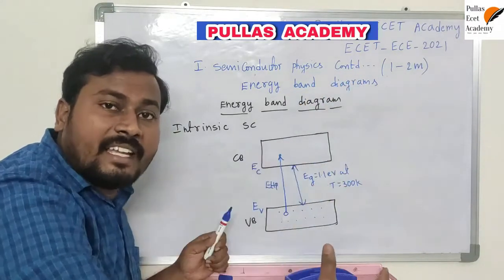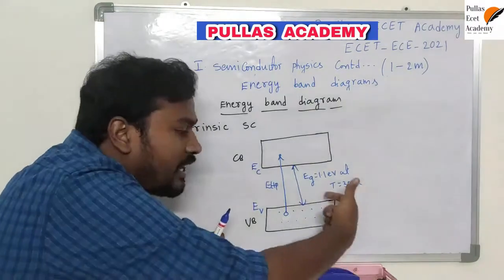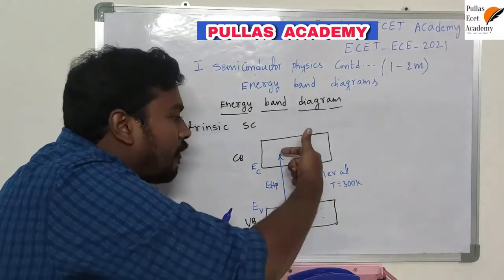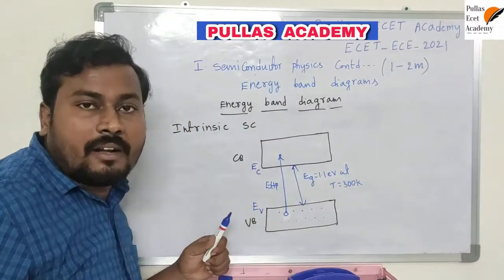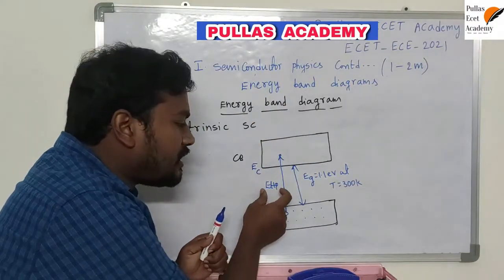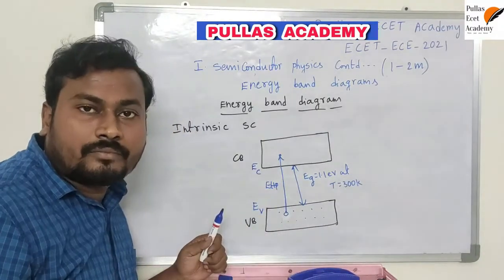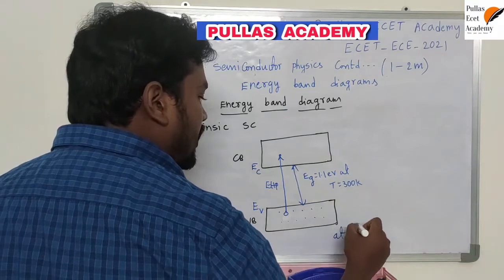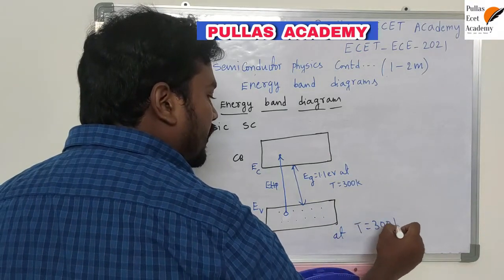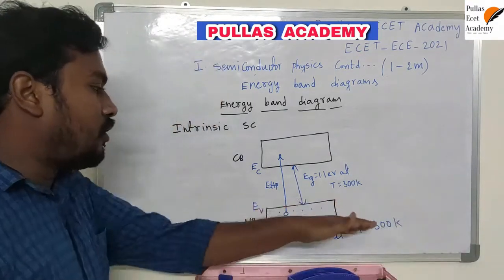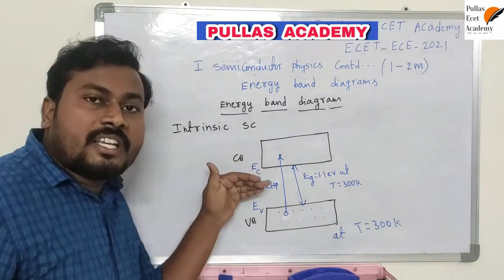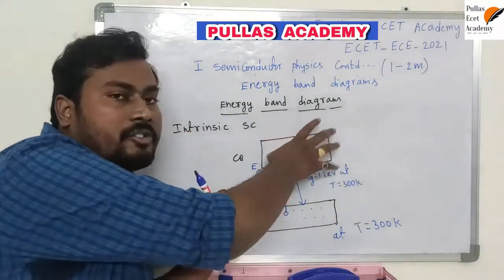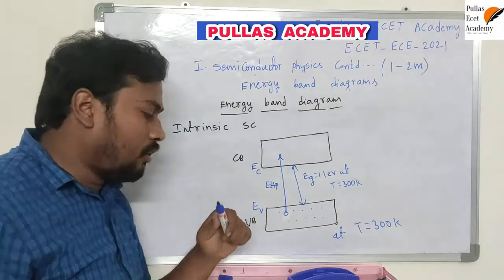Actually we are providing thermal energy to these bounded electrons, so thereby the bounded electrons are moving from valency band to the conduction band. That's how EHP generation is taking place. This diagram is purely at T equal to 300 Kelvin. At T equal to 300 Kelvin, EHP generation is taking place because the electrons are moving from valency band to the conduction band.